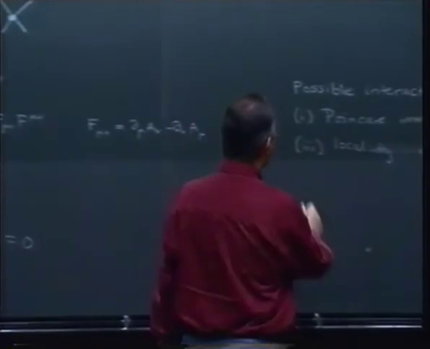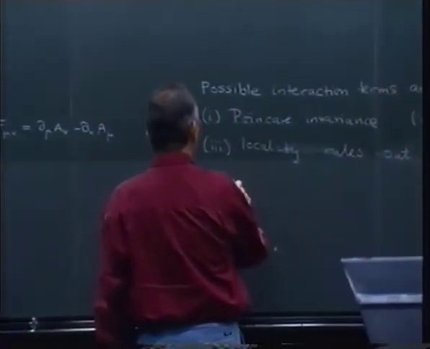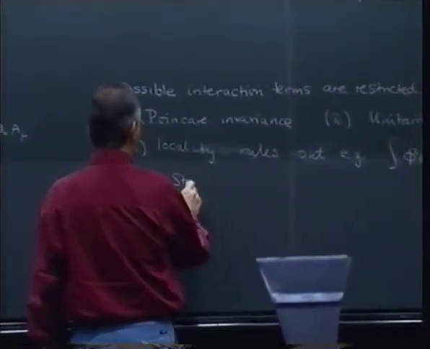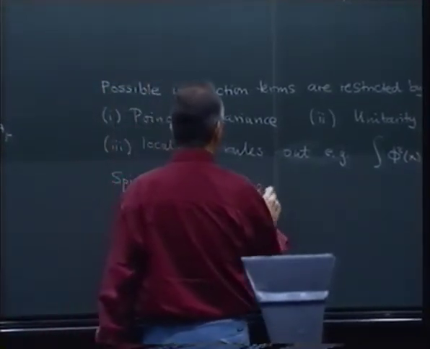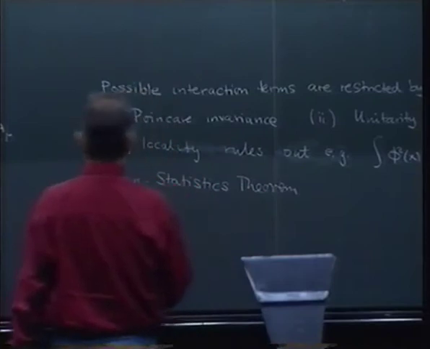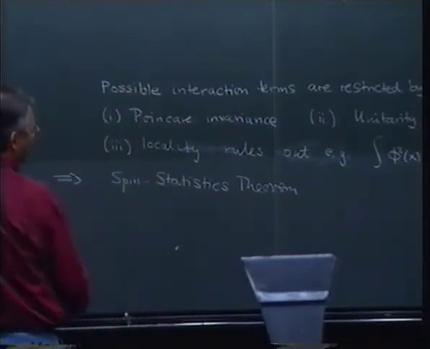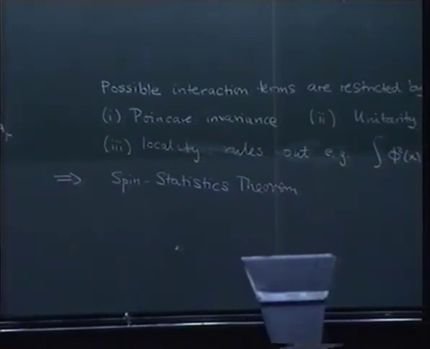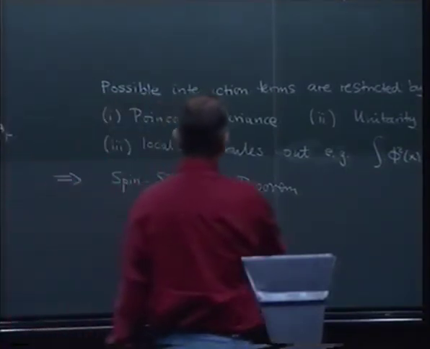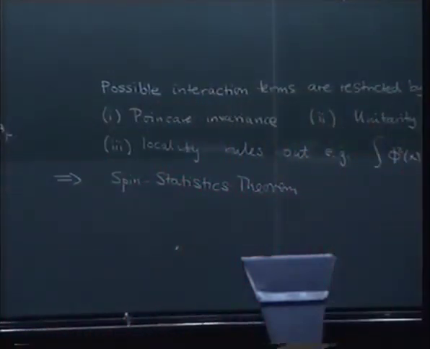One is the spin statistics theorem, meaning that half-integer spin fields are always fermions, and integer spin fields are always bosons.